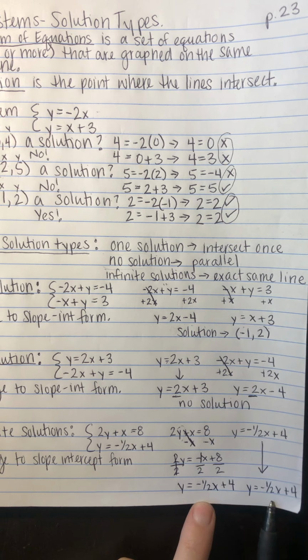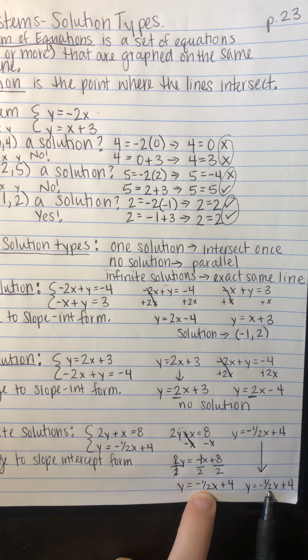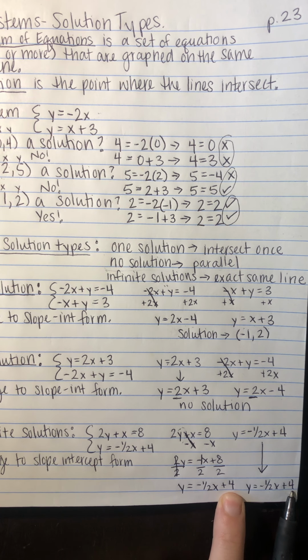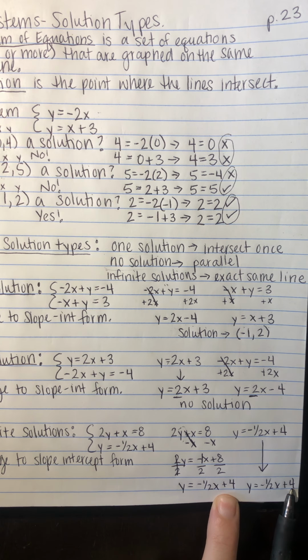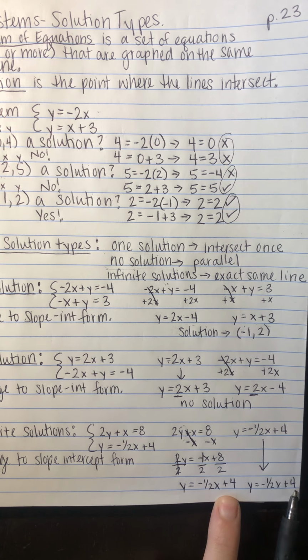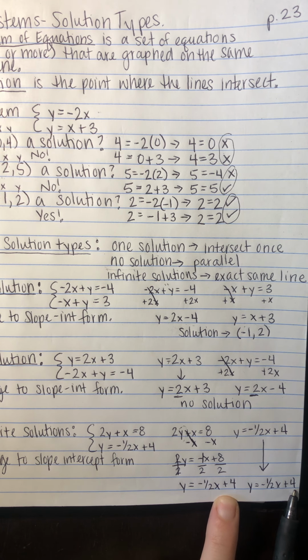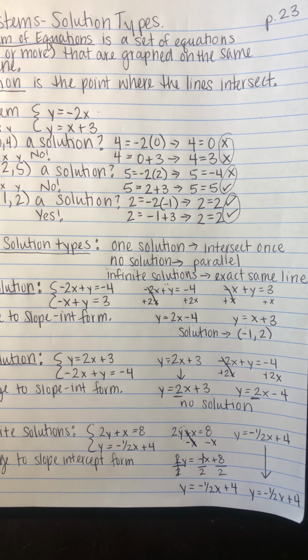All right, always look at your slopes first. Our slopes are the same. Okay, that doesn't necessarily tell us it's parallel, but it does tell us that we're on the right track for that. We also have to look at our y-intercept, and because our slope and our y-intercept were the same, that tells us these lines are exactly the same, which means they're going to be right on top of each other when we graph them.